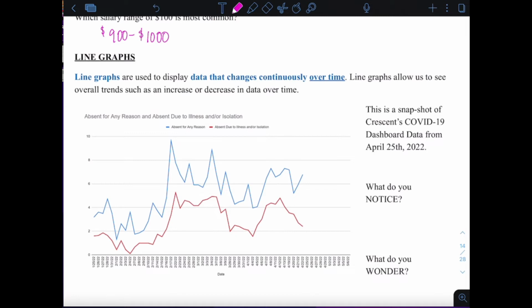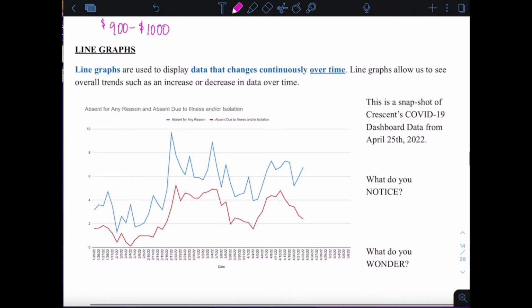And let's read this graph. I can see that at the bottom there's a date. On the y-axis, there is a number, and then there's a legend. The blue line is absent for any reason, and the red line is absent due to illness and or isolation, which we could attribute to COVID.